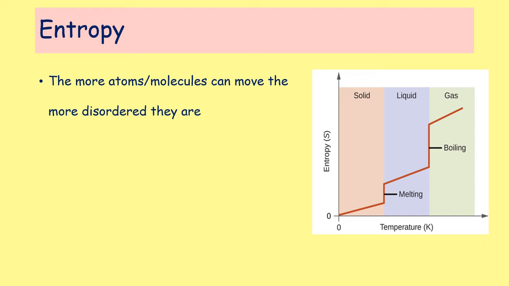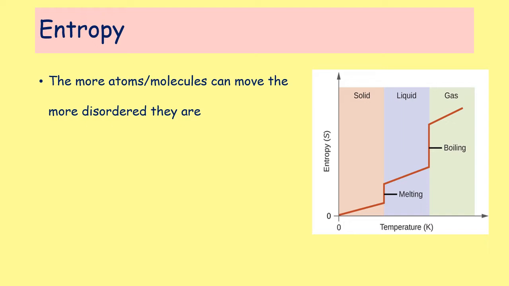Looking at this figure on the right-hand side, which shows temperature versus entropy for a compound, you can see that if we start at 0 Kelvin, which is absolute zero, you have no entropy.